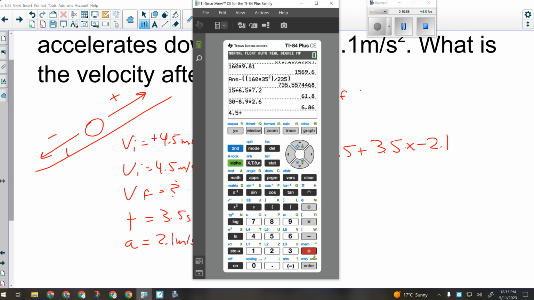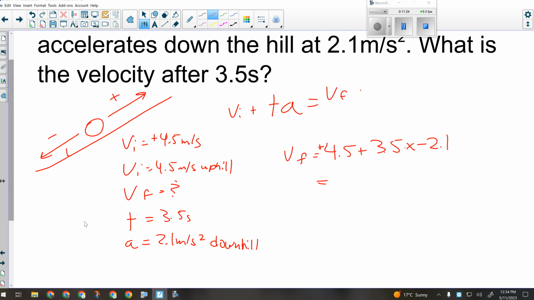So 4.5 is positive, 3.5 is scalar because it's time, and acceleration is a vector and it's down the hill, which is negative. So I get that my velocity after 3.5 seconds is 2.85 meters per second downhill. Again, I have to match what my vectors in the question were.